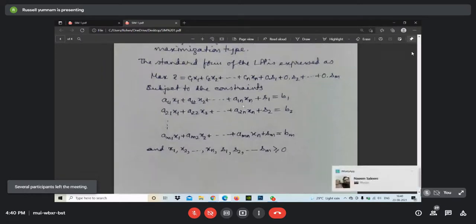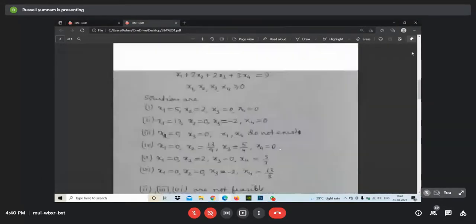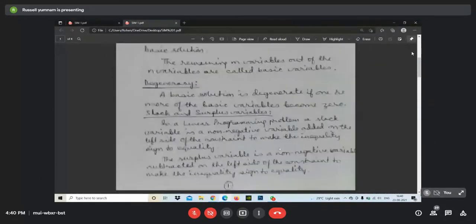Before writing this, you better have the definition of slack and surplus variable. With this, let us come to that point again. In a linear programming problem, a slack variable is a non-negative variable added to the left side of the constraint to make the inequality sign into equality.